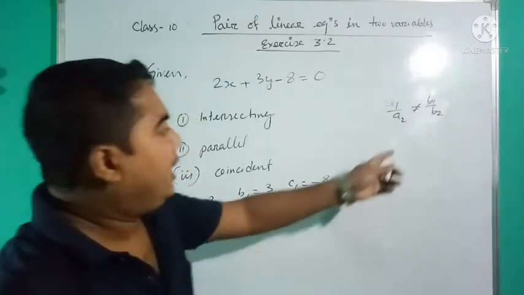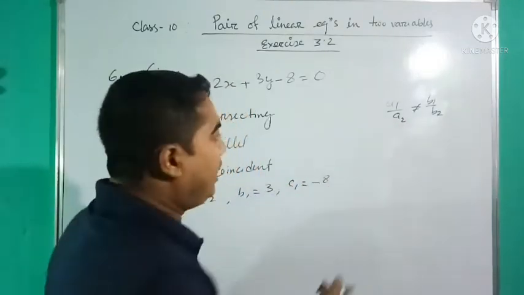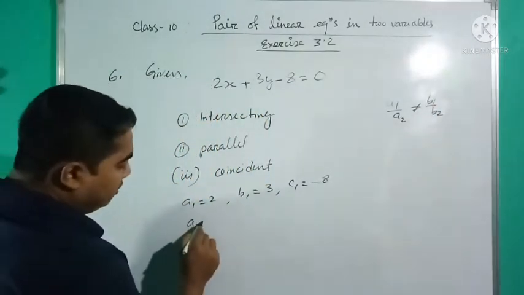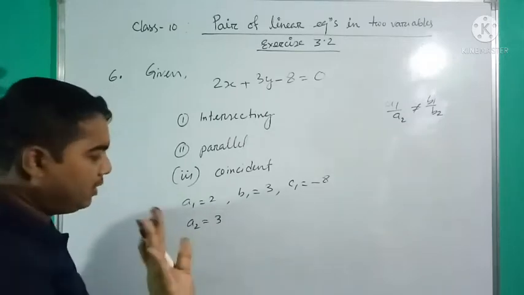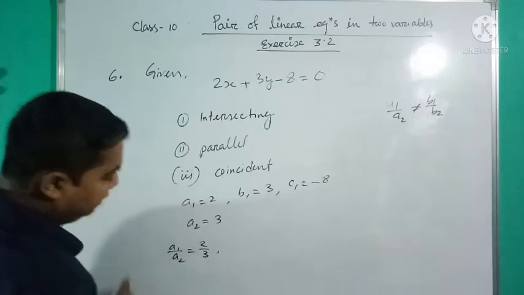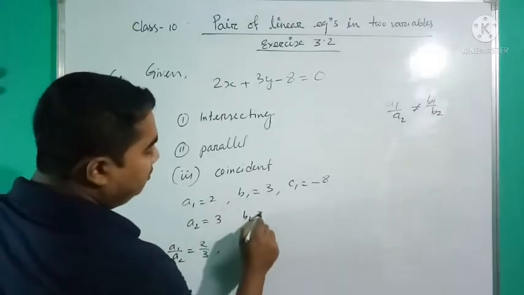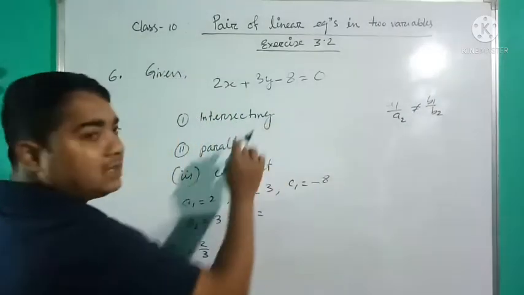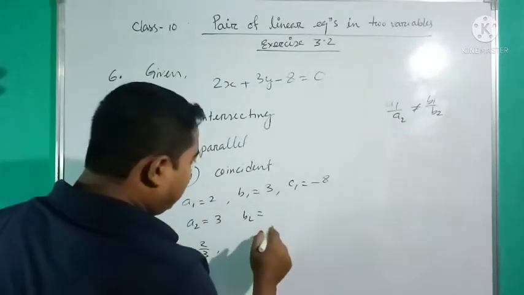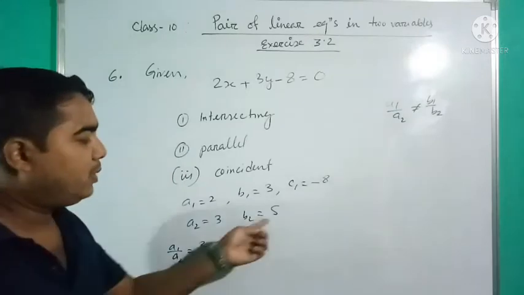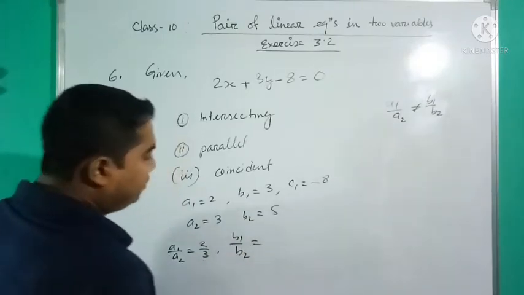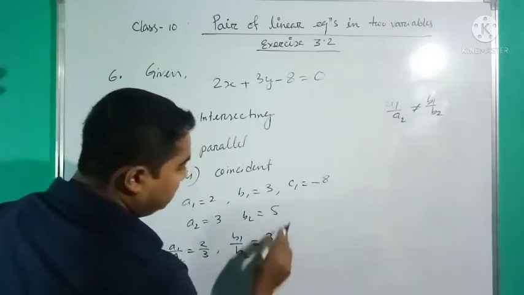Now we want the a2 value and b2 value, and their ratios will be not equal. Can we take a2 value as 3? Then a1 by a2 equals 2 by 3. Next, b1 by b2 must not be equal, because intersecting, so we want a different answer. That means, can we take b2 value as 5? Then b1 by b2 equals 3 by 5.